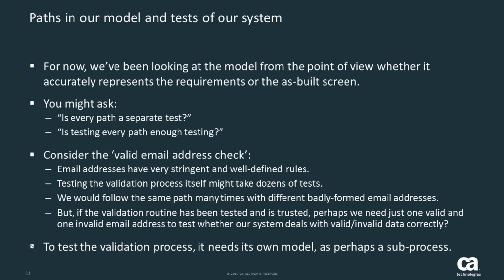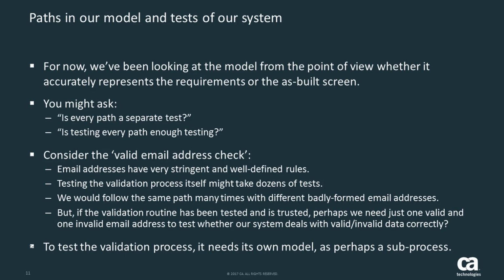But is testing every path enough testing? Well, let's look at this in a little bit more detail. Suppose you have a decision, which is the valid email address, the valid email format check. Now, we know email addresses have very stringent, well-defined rules. I mean, actually, the rules are terribly complicated. It's really quite a sophisticated validation that's required here. Now, testing that validation process might take dozens, hundreds of tests.